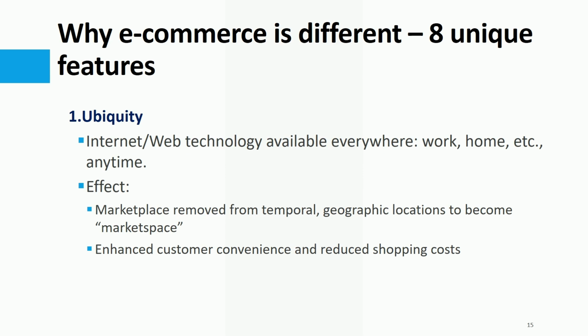So this creates a marketspace where shopping is not tied to a specific place or time. And for shoppers, this means less time and money spent traveling to stores. And of course, it's easier to make purchases. So it's called ubiquity.